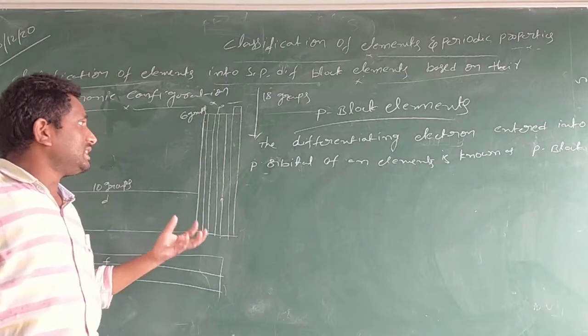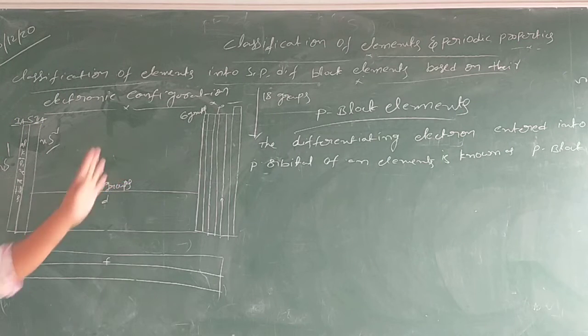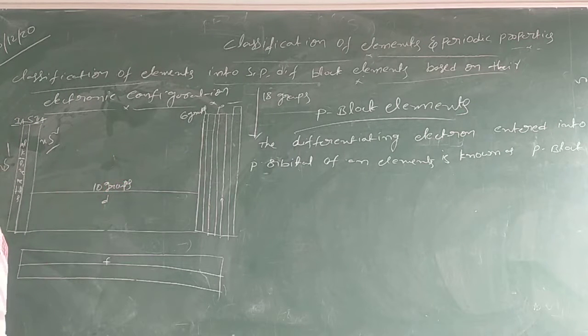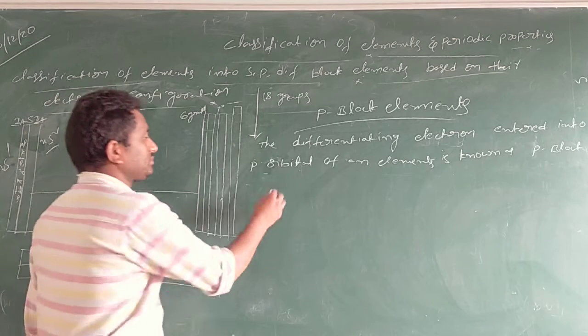So these P block elements are arranged on the right side of the periodic table. S block elements are arranged on the left side of the periodic table. P block elements are arranged on the right side of the periodic table.